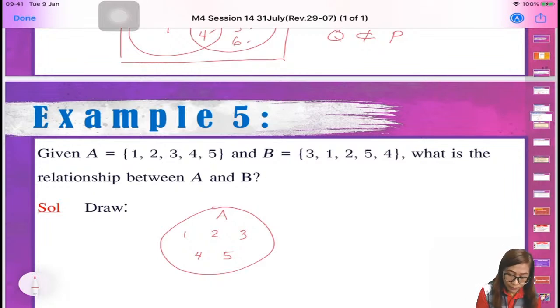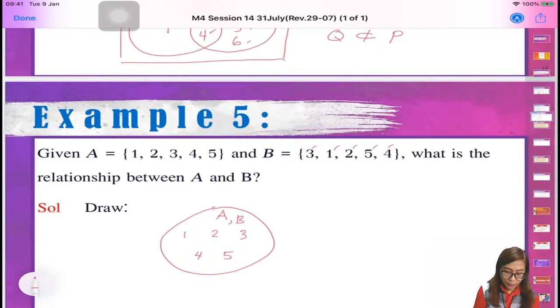Okay, how about set B? Set B also has 1, 2, 3, 4, 5, the same. So you can put a comma here and B, because these are the same elements. A and B, all of the elements of the two sets are the same.